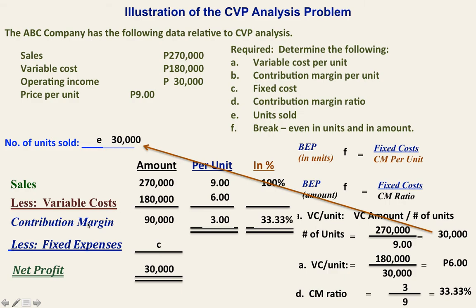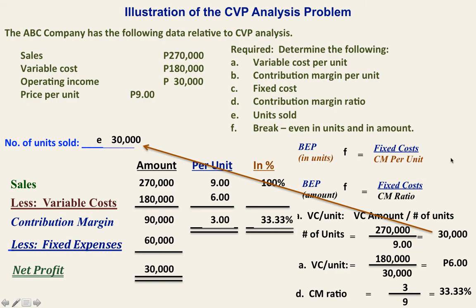But let us do first the contribution margin, because 270 minus 180 is 90,000. You can start doing this. And 90,000 minus 30,000 will give you your fixed expenses at 60,000.